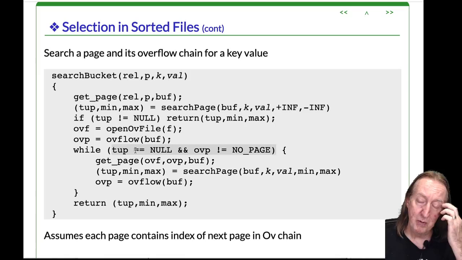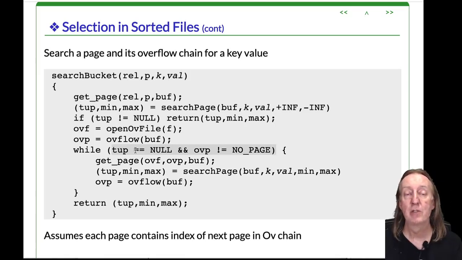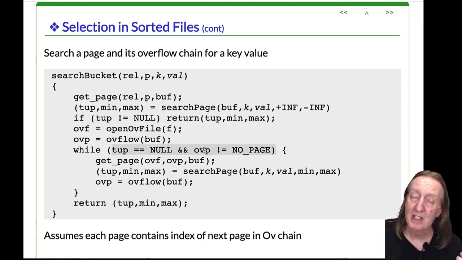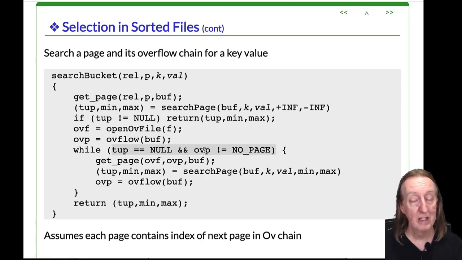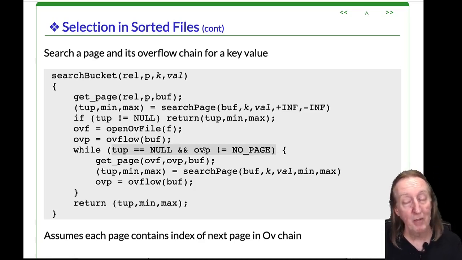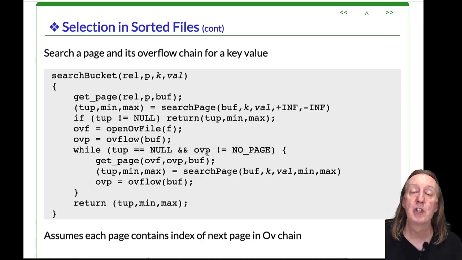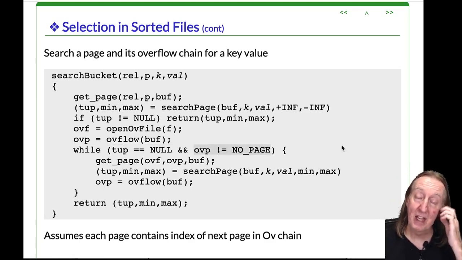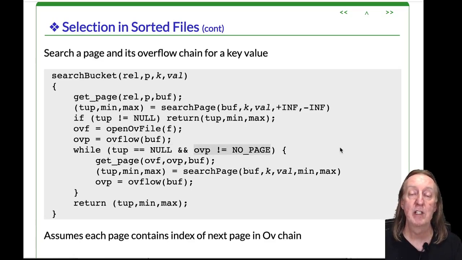So there are two ways we can stop scanning the overflow chain: if we find the tuple that we're looking for, or if we reach the end of the overflow chain. Each page in an overflow chain will have an index of the next page in the overflow chain, or it will have an index of no page, meaning that's the end of the overflow chain.